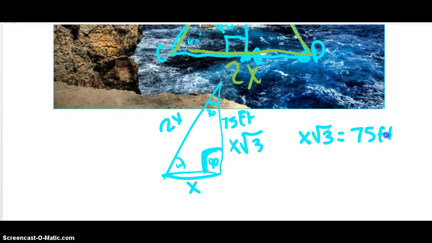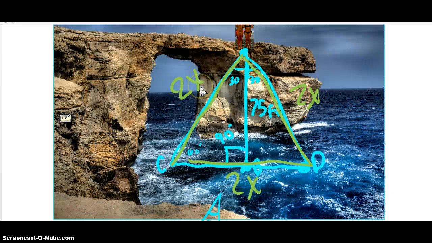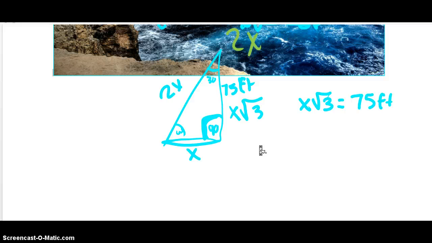We're trying to find x because that would be the length between this girl's jump from point C and the designated point B. So we need to divide each of these sides by root 3.